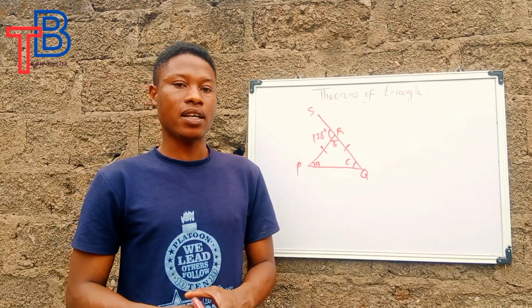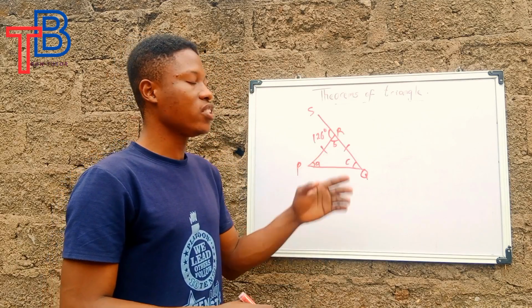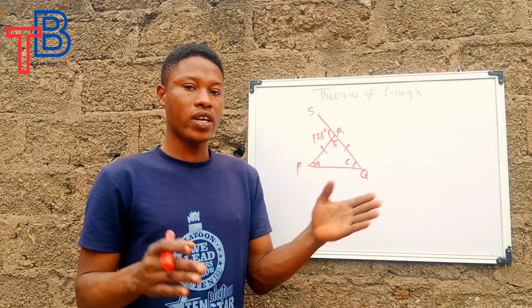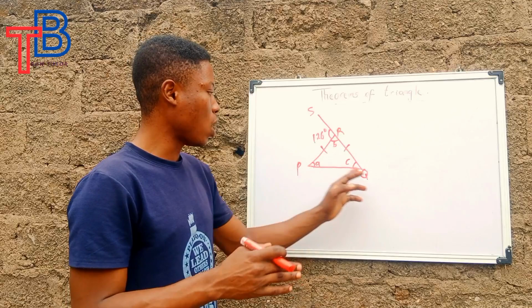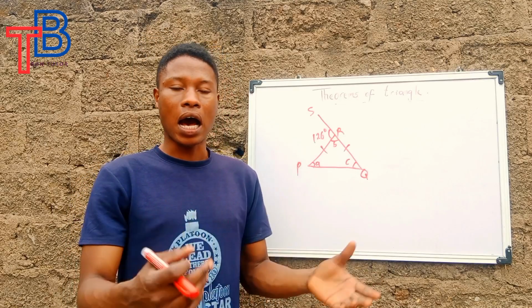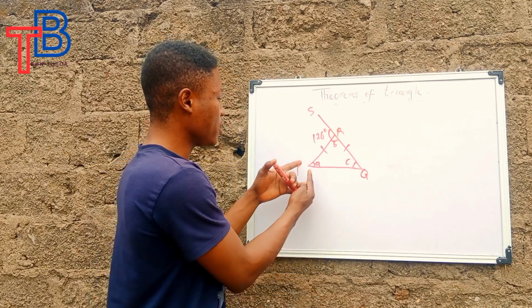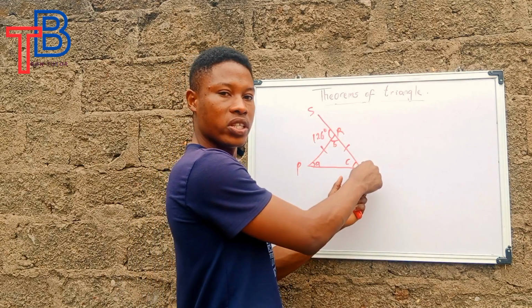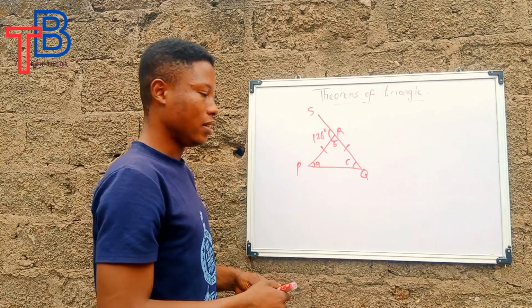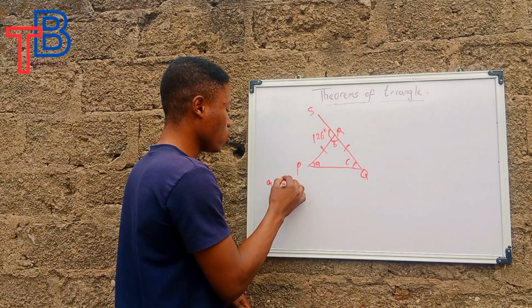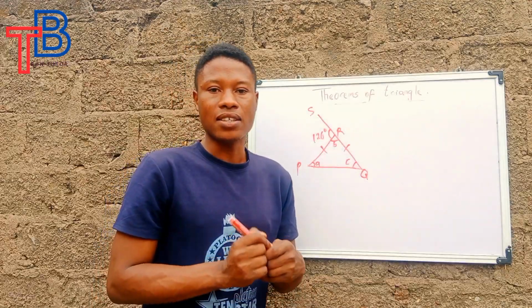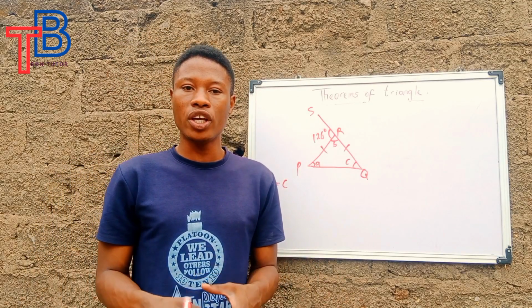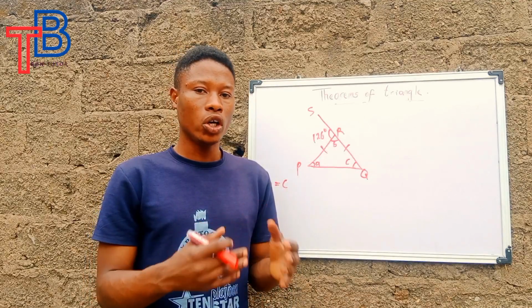The theorem that backs that up says the angles that face the two equal sides are also equal. That means this angle A here that is facing this side is equal to this angle C that is also facing this side. So we say our A equals C. That's the theorem of an isosceles triangle. The two angles opposite the two equal sides are also equal.